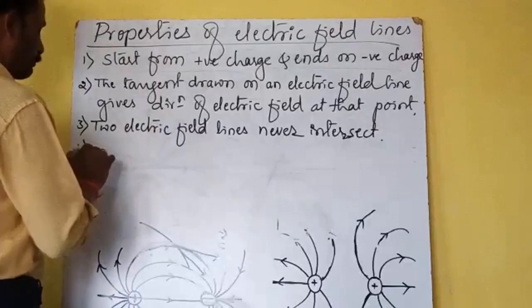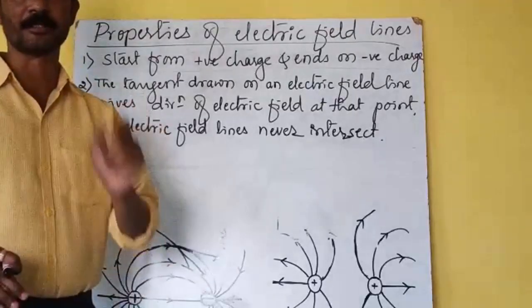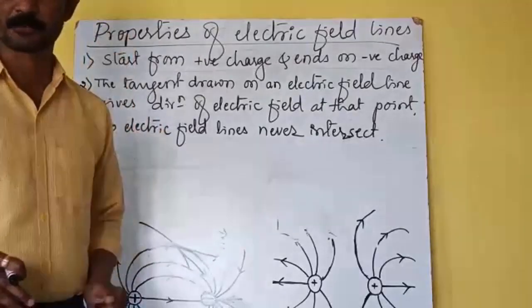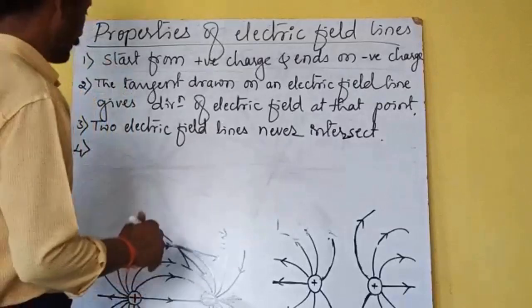And the fourth property: the electric field lines are crowded in the region of stronger field and they spread out in the region of a weaker field.